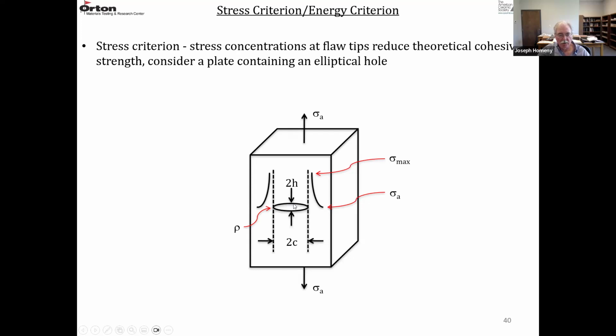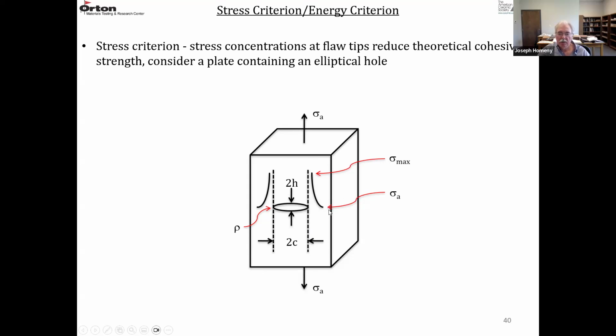So that's an elliptical pore or hole. The minor axis is 2H, the major axis is 2C. Rho is the radius of curvature at the tip. We apply some stress sigma A to this plate. We put it in tension.